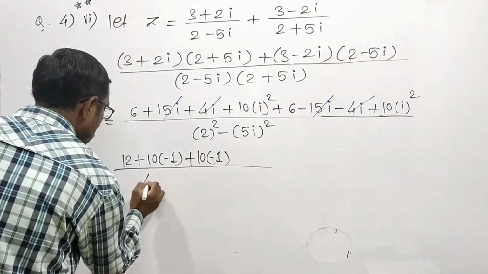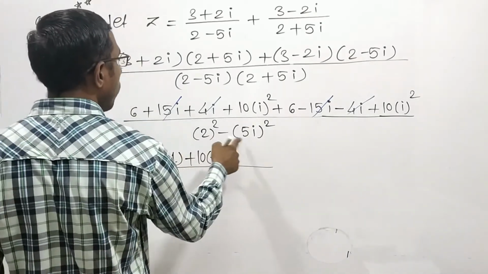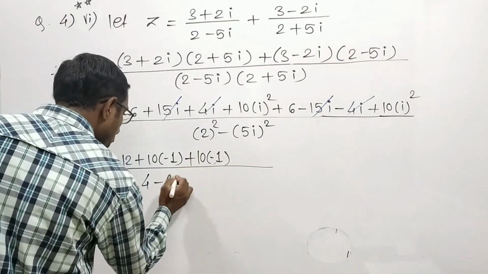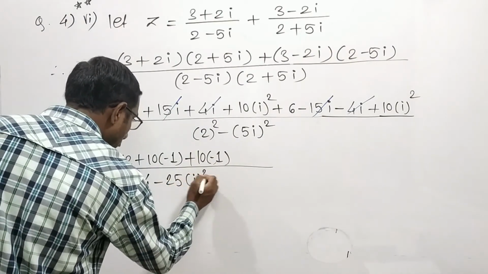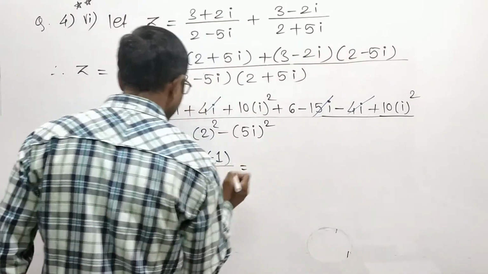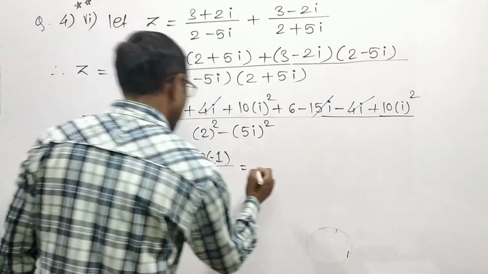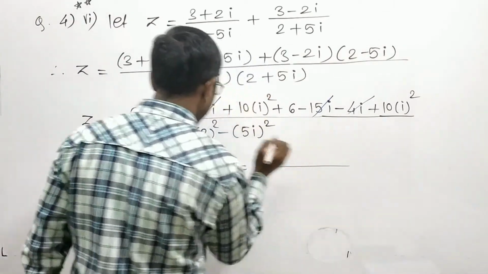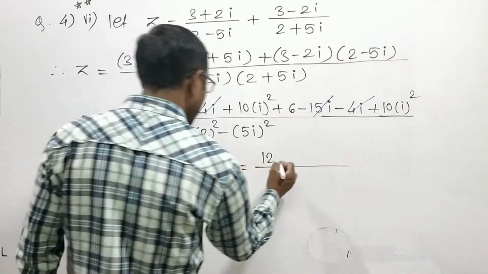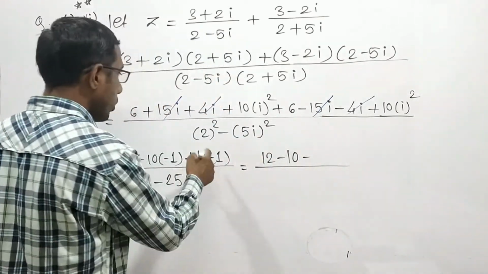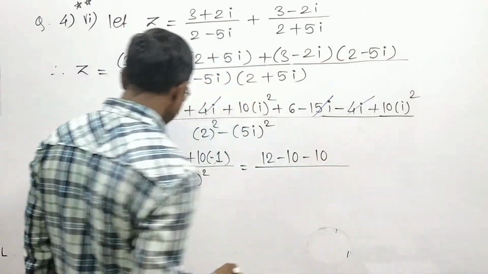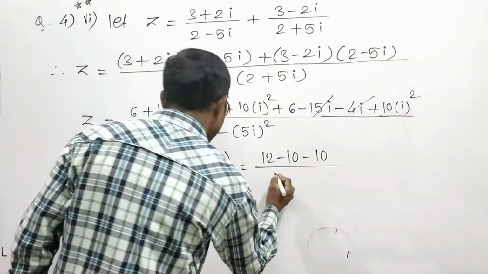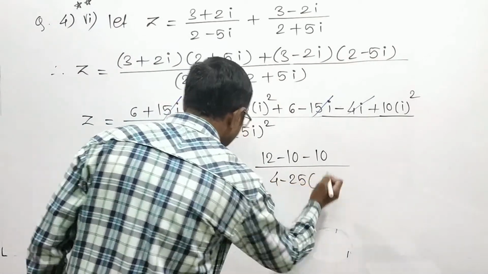Divided by 2 square, 4, minus 5 square, 25, then it is i square. So 12 plus 10 plus 10 with i square as minus 1, divided by 4 minus 25 i square.